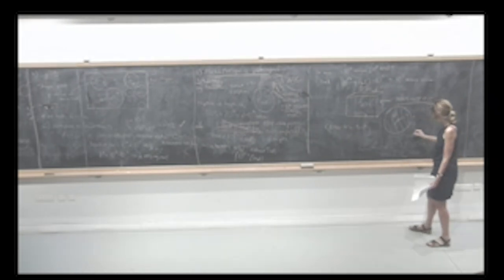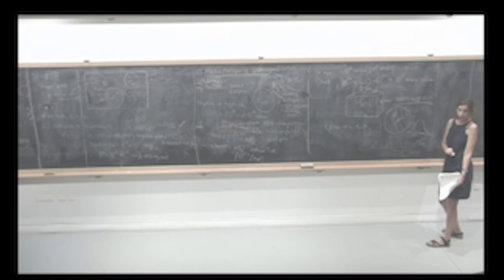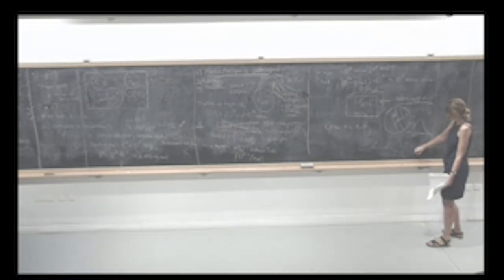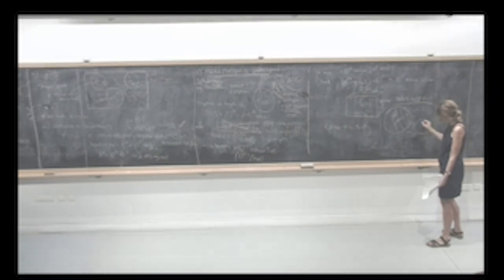If you don't like balls, think about the Gaussian. So this is again my shape space. This is where my receptor is. And this is my probability.